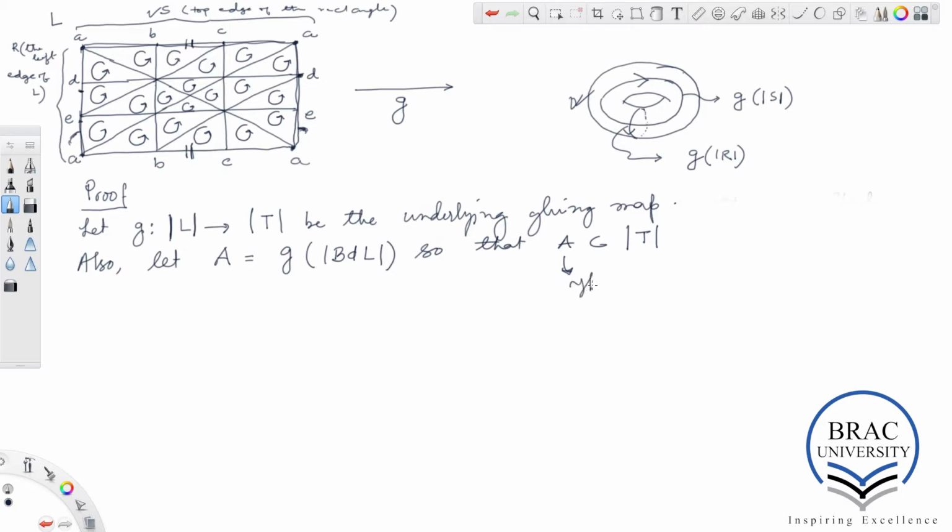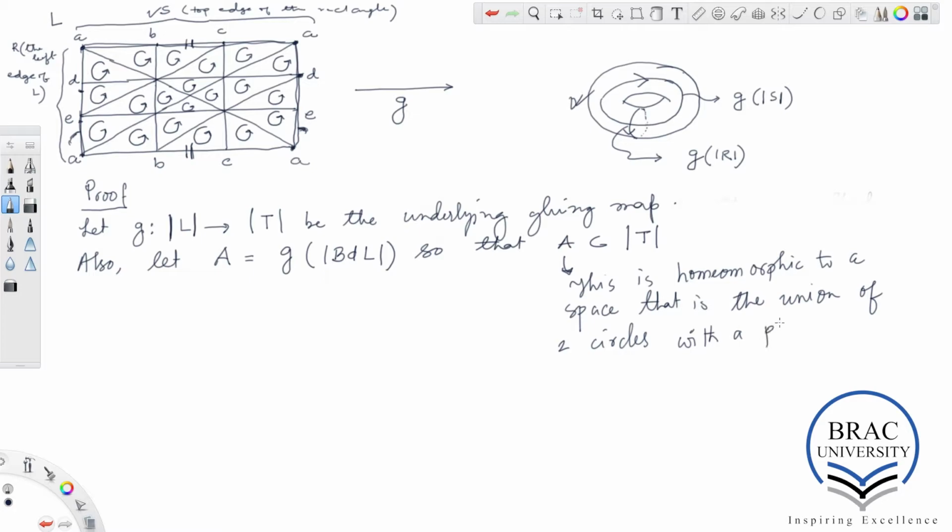So this is homeomorphic to a space that is the union of two circles with a point in common.